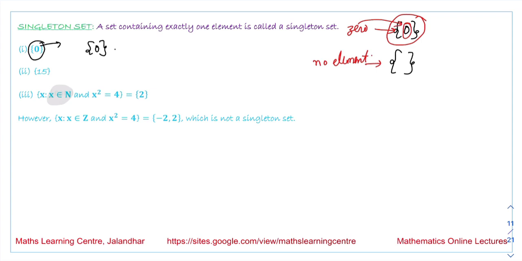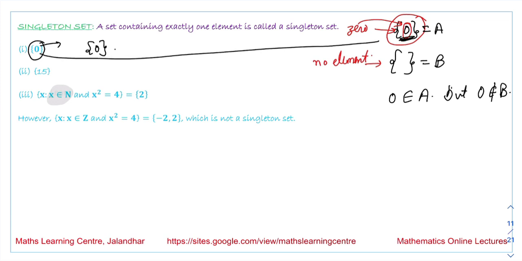So suppose I am writing this set as A and this set as B, then this element 0 belongs to A, but 0 does not belong to B. So there is only one element in this set, and these kinds of sets are called singleton sets.